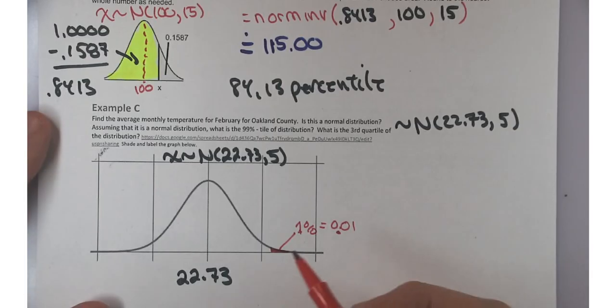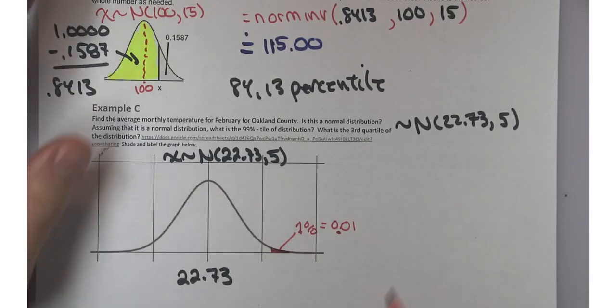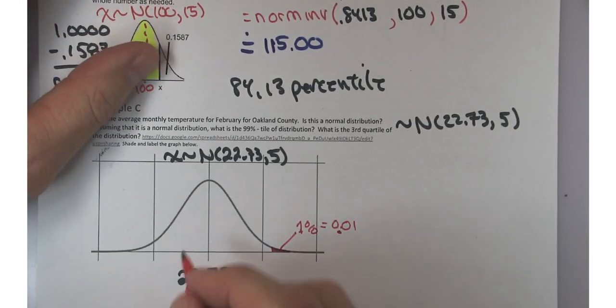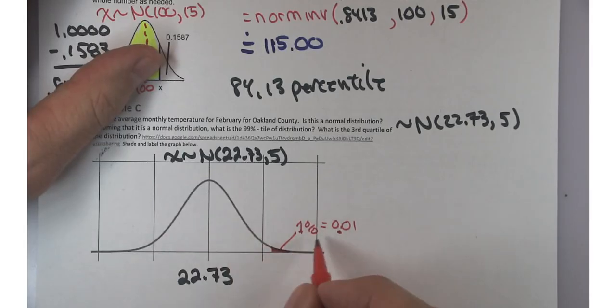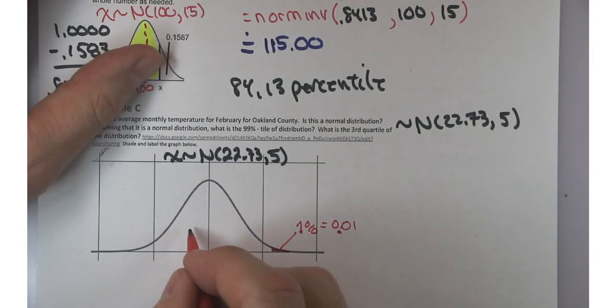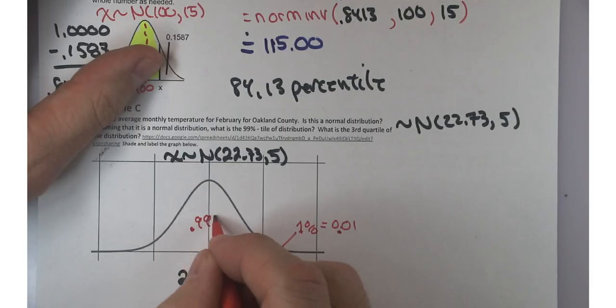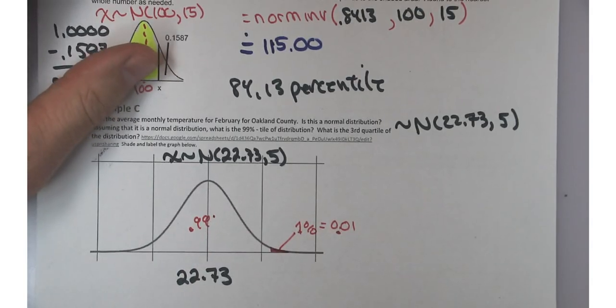We need the area in the left tail. So what is that area in the left tail? How much of the area is here if 1% is in the right tail? 99, which as a decimal is 0.99.